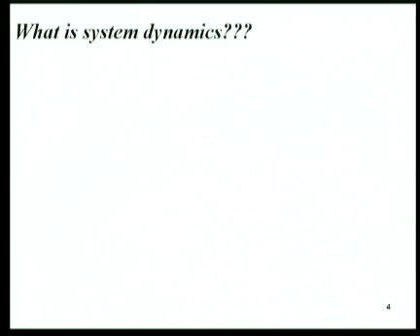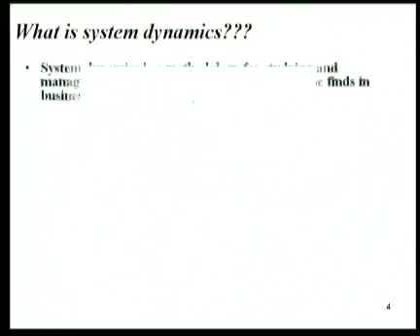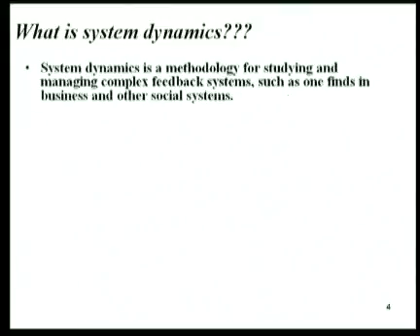So what do we mean when we talk about system dynamics? Well, the name is fairly self-descriptive. It's a methodology for studying and managing complex feedback systems. These are typical of situations we find ourselves in business and in other social systems.